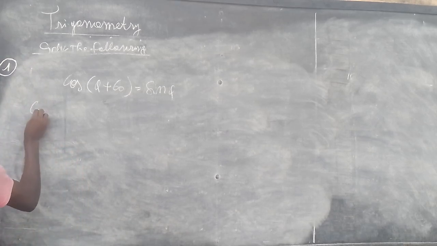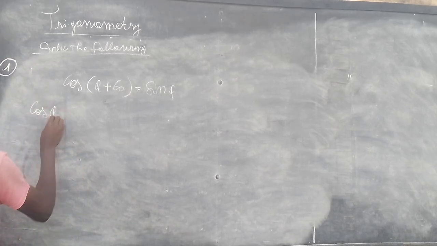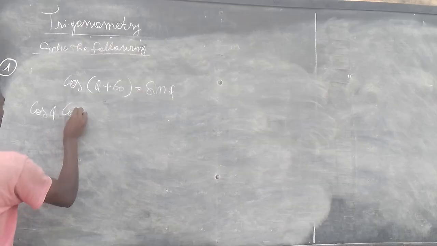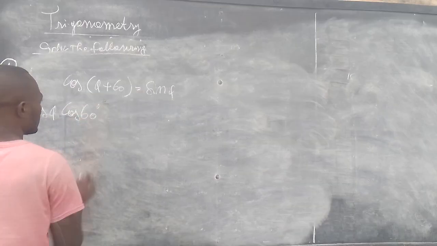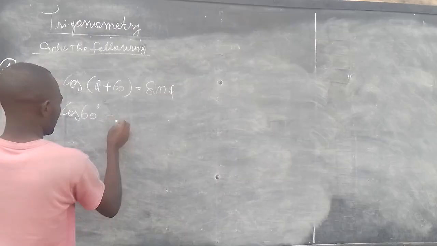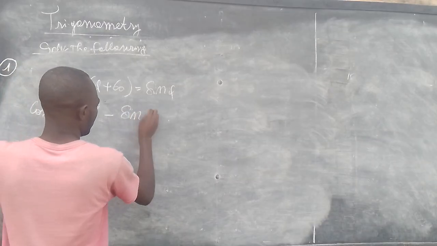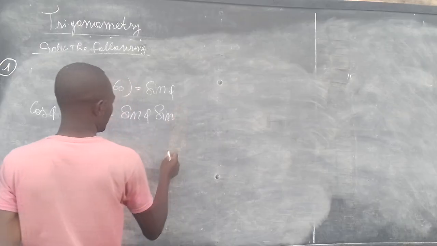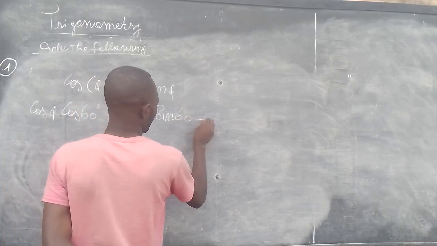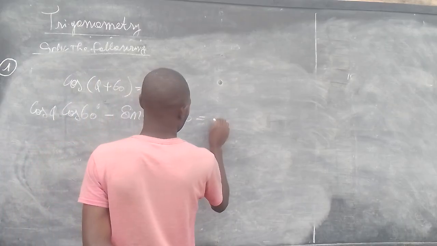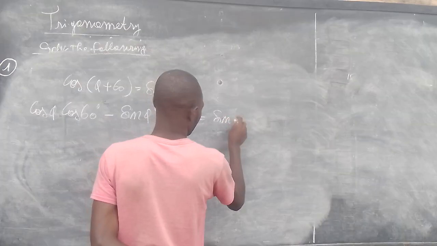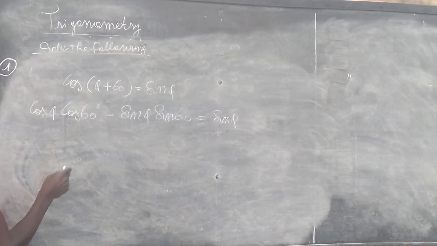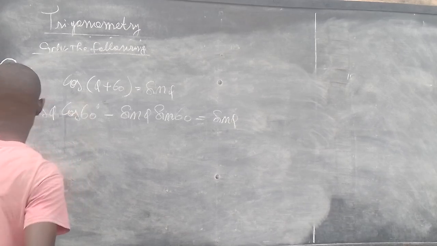Now we have cosine 5 cosine 60 minus sine 5 sine 60, which is equal to sine 5. So here cosine of 60 is equal to 1/2.